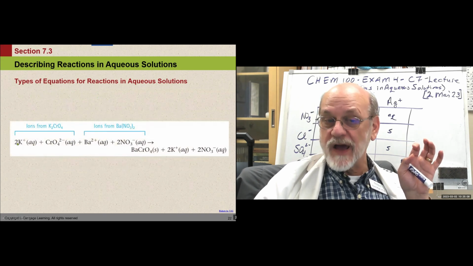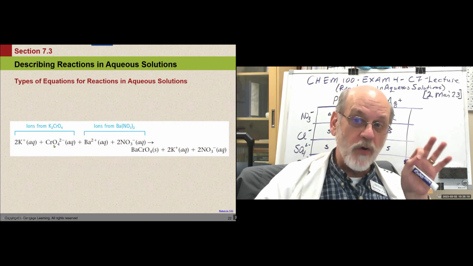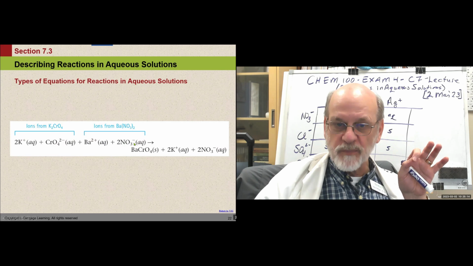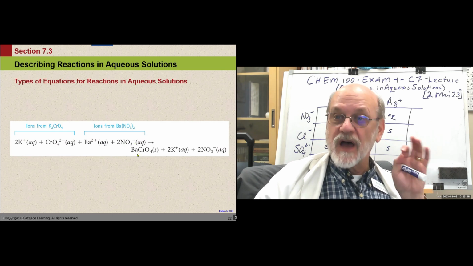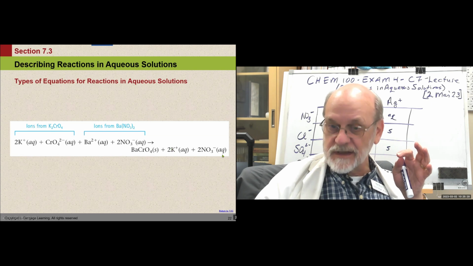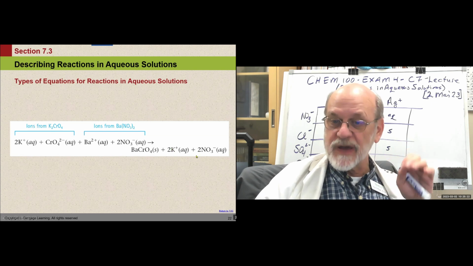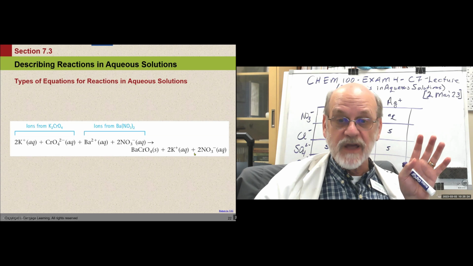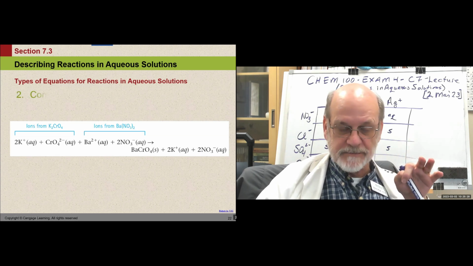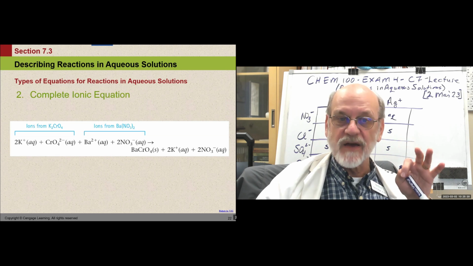When they're separate ions, now we have to use that as a coefficient. So 2 potassiums, 1 chromate, 1 barium, and 2 nitrates are mixed together and they form this solid. Plus, we've still got potassium ions and nitrate ions floating around, in the same proportion, 2 potassiums and 2 nitrates. That's the complete ionic equation.